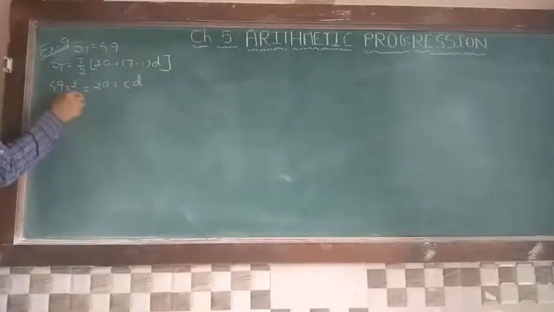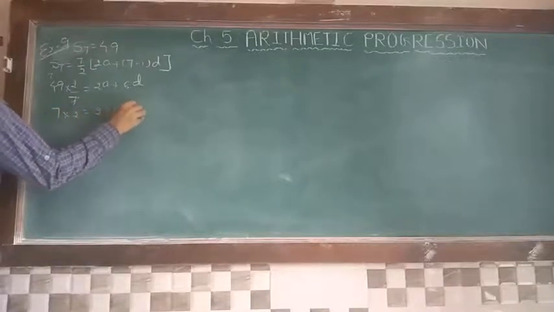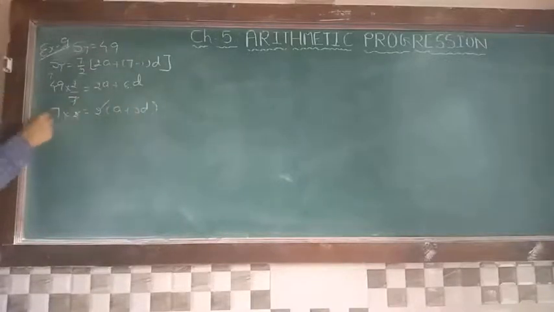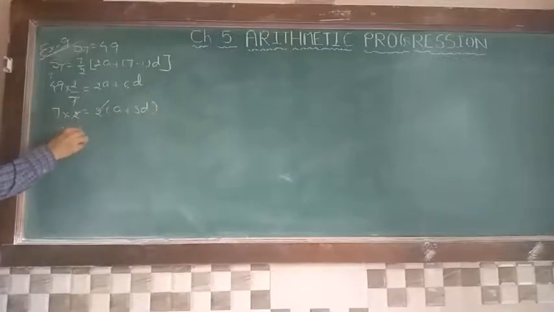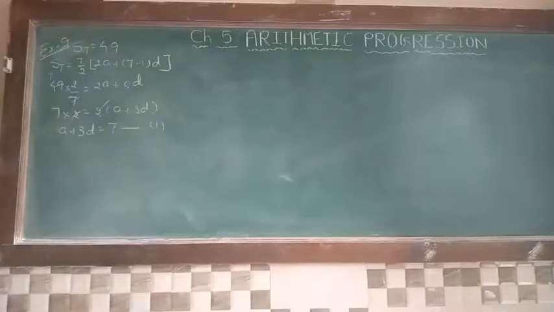So 7 twos are 14, and here also 2 common out, A plus 3D. 2 is cancelled out, so A plus 3D is equal to 7. That is your first equation.